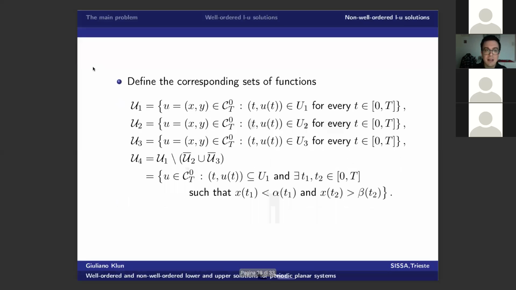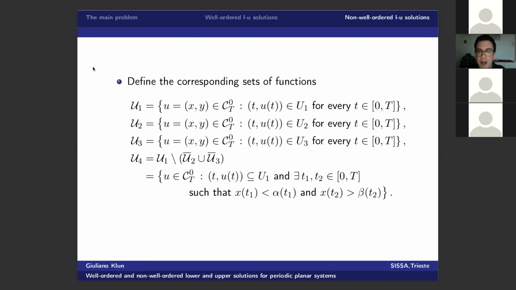And again, we want to apply the previous theorem and make a reasoning based on degree theory. So we define, for the three sets U1, U2, and U3, three sets of functions: the functions in C0 such that the trajectory of u of t belongs to U1, U2, and U3 for every t.